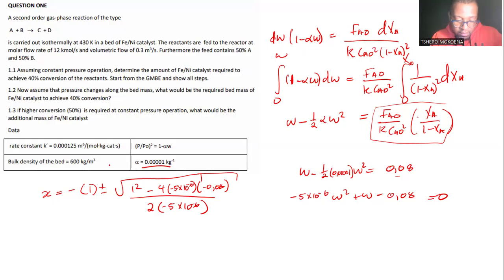Let me see if I made a mistake there. The answer doesn't make sense.